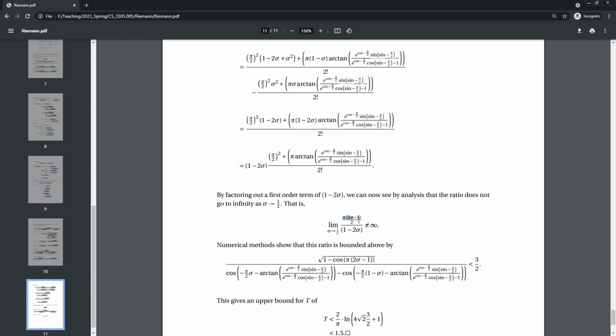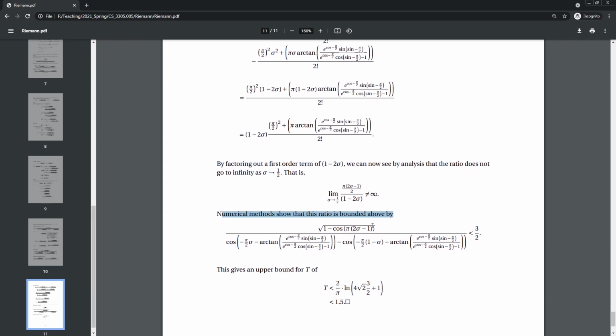So as sigma goes to 1/2, in the numerator, 2 times 1/2 goes to 1, and 1 minus 1 goes to 0. So this goes to 0 in the numerator, and then 1 minus 2 times 1/2, well, 2 times 1/2 is 1. So it goes to 0 in the numerator and the denominator, and it resolves to something that's different than 0 and infinity.